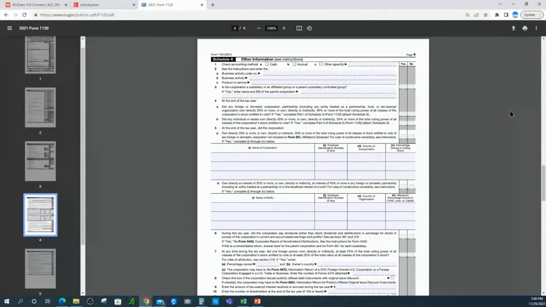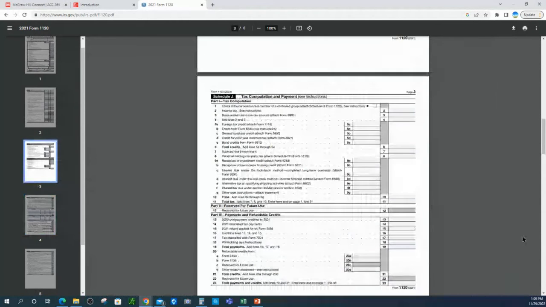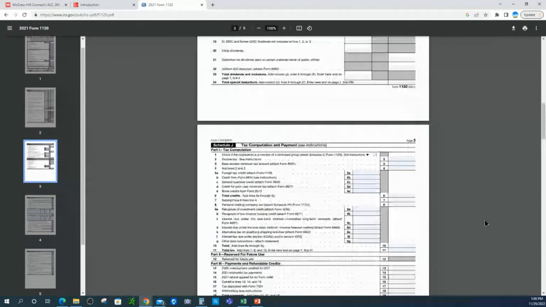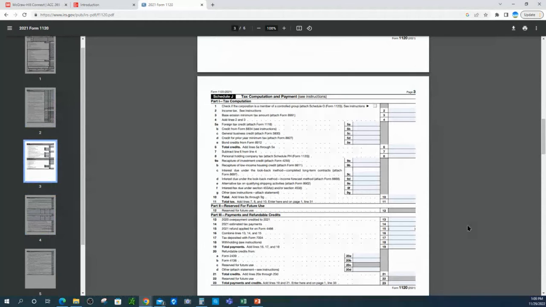I'm not talking about actual brothers and sisters and parents and children. I'm talking about corporation relationships between each other. You'll understand why those questions are there. So the tax computation is there after this, the dividends received deduction, sorry.